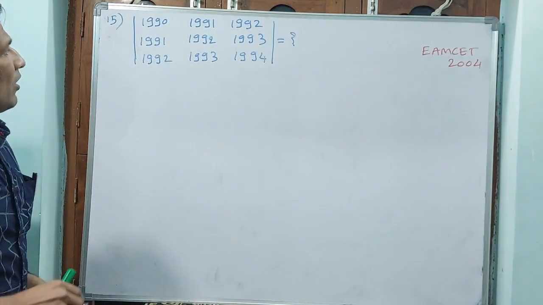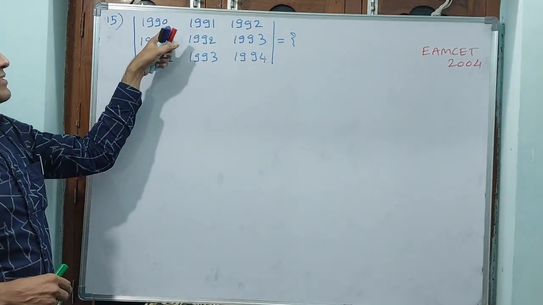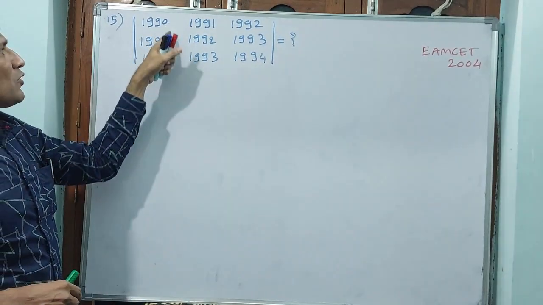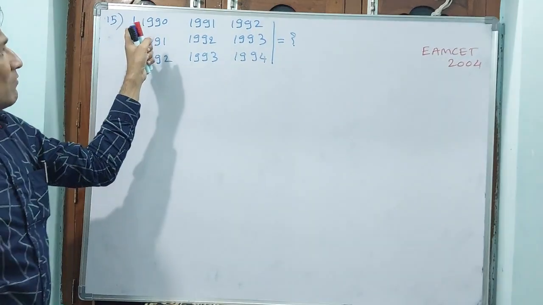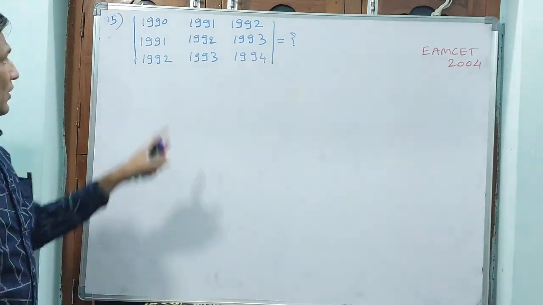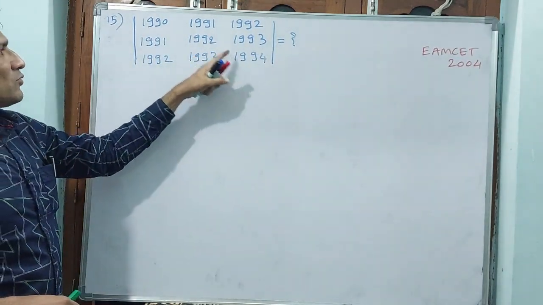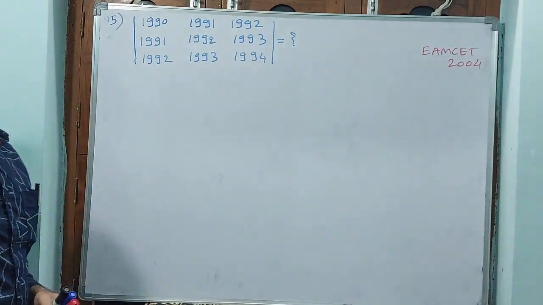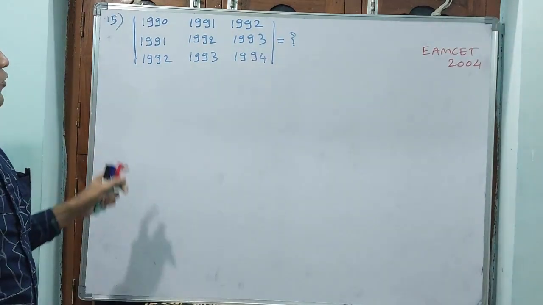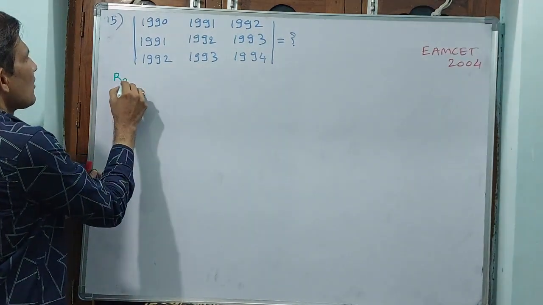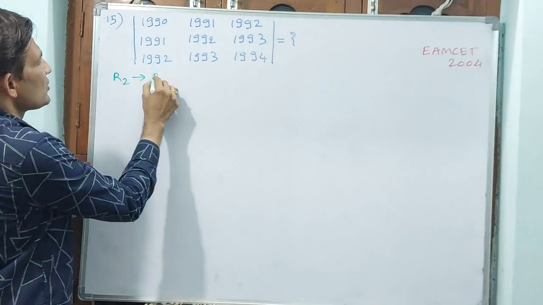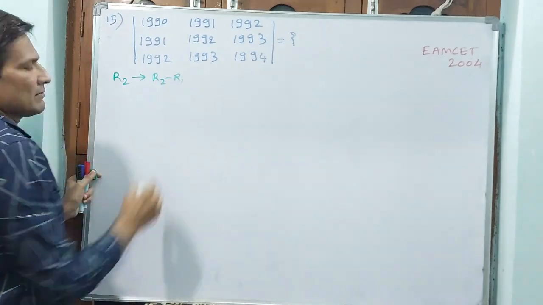You see, logic is here: 91 minus 0, 1 minus 0, 1, 2 minus 1, 1, 3 minus 2, 1. That means see, 1 is going to appear. 2 minus 1, 1, 3 minus 2, 1, 4 minus 3, 1. That means what you are going to do? You are going to change R2. See what I am writing. R2 we are changing: R2 minus R1.